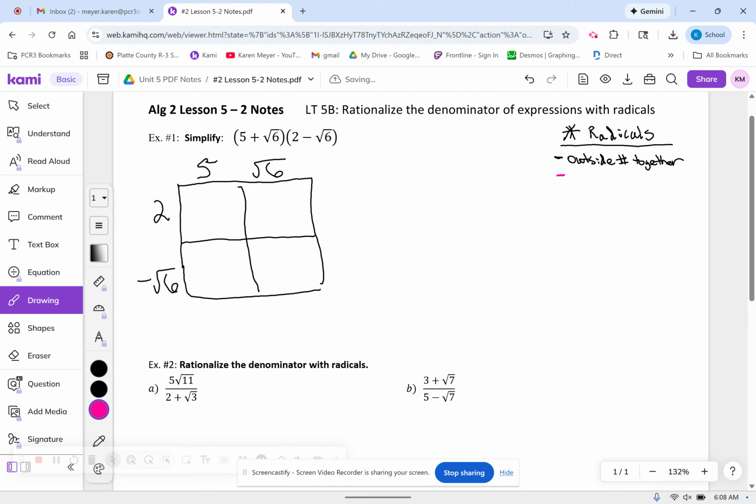You can multiply numbers that are inside the root together.